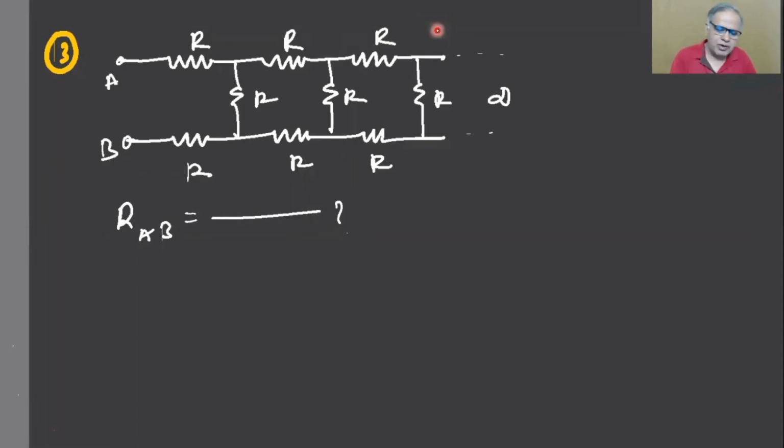You understand what I told? You make one unit like this and duplicate it and join it to the end like that. It becomes an infinite ladder network. So people who have understood the previous one, start trying it immediately.